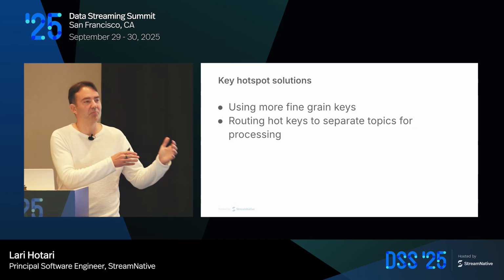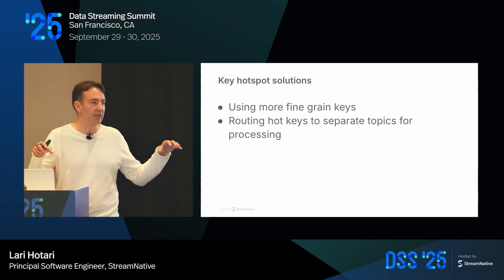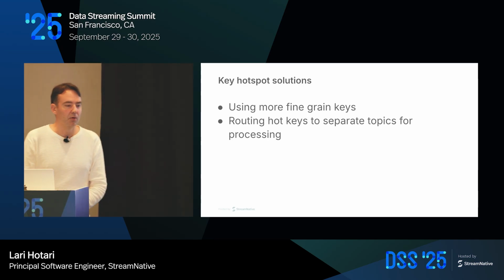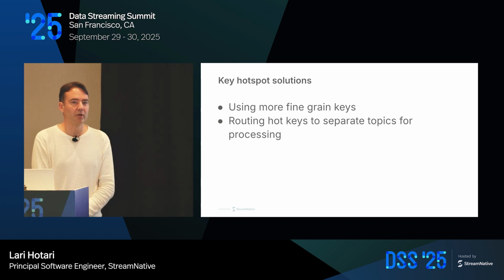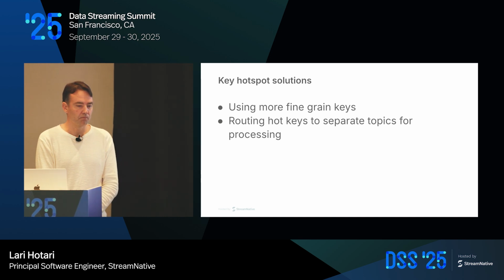You can pick the device ID as a key, but then using a combination of those keys, like location and the device ID, or something like that, you'd have a more fine-grained key.